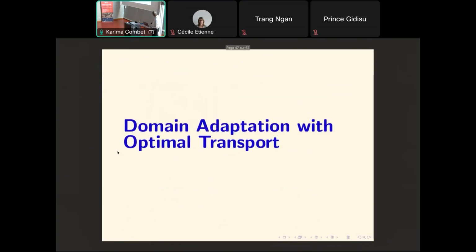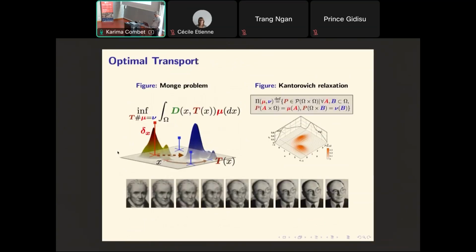Now, if you want to do something a bit more controlled, you have optimal transport. Optimal transport, if you know it, is a method that allows you to align distributions. Basically, what you're trying to do is to find a push-forward function that will transport the source distribution to the target one, according to a cost function that you define.